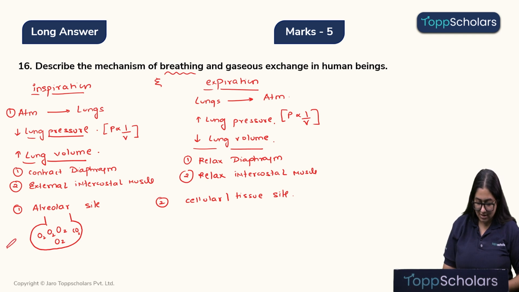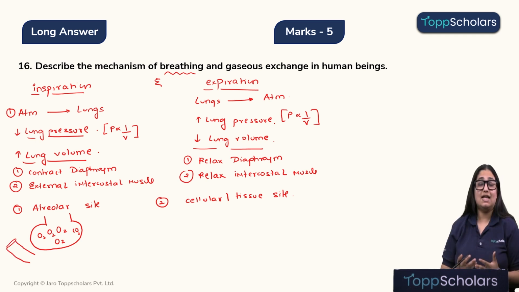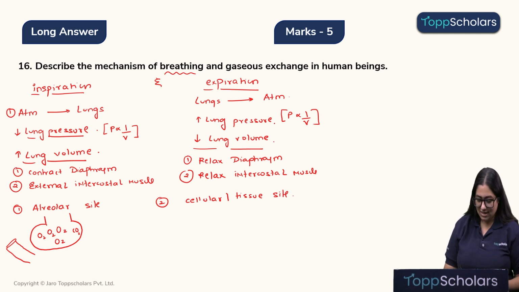Now the alveoli are highly vascular structures, meaning they are surrounded by a lot of blood vessels. Alright. Now near this alveoli comes a capillary which is known as the pulmonary capillary, and this capillary brings deoxygenated blood.